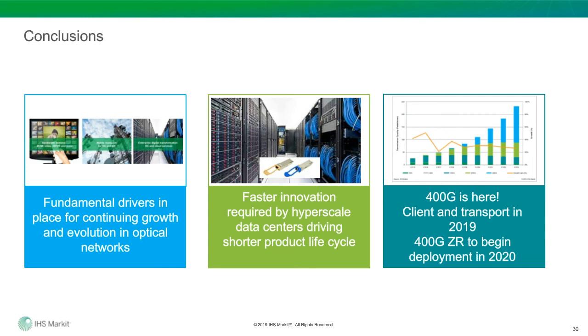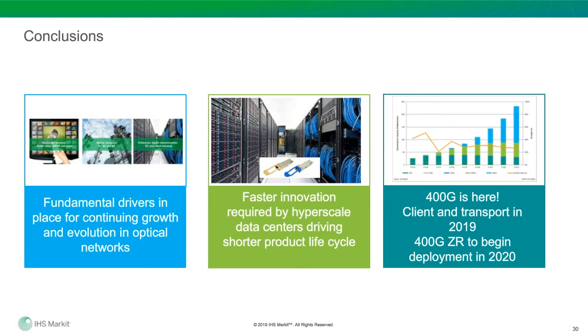We expect that 400 gig ZR we'll start seeing some prototypes potentially at the end of 2019, but expect that market to begin deployment in the second half of 2020. And then we'll maybe see ZR plus and ZR minus, ZR plus for amplified applications, ZR minus for lower level applications like 40-kilometer links, unamplified links.